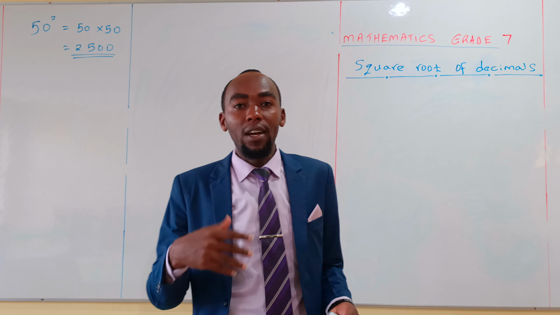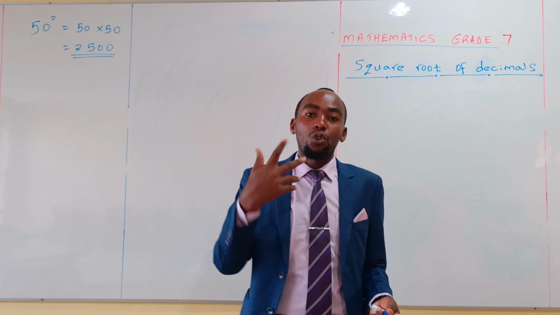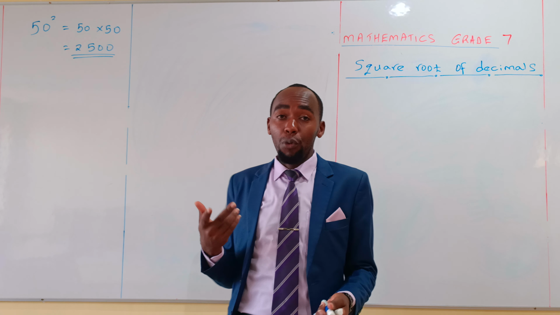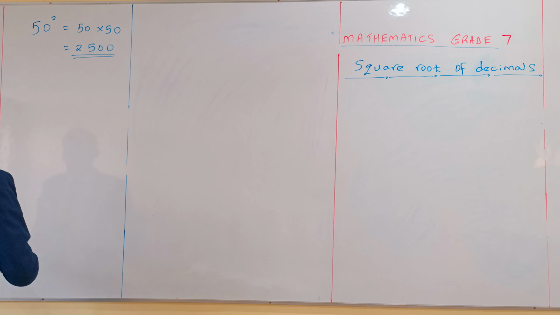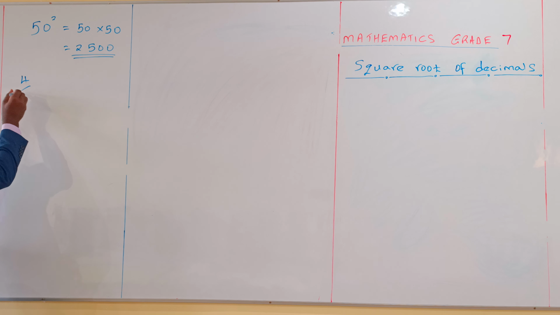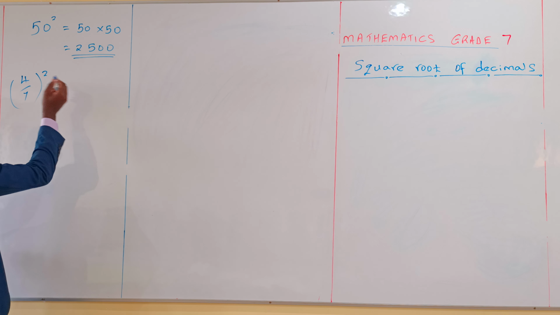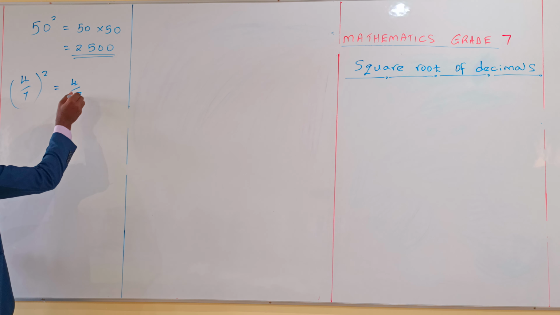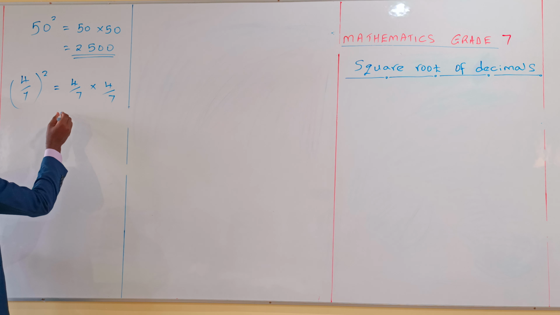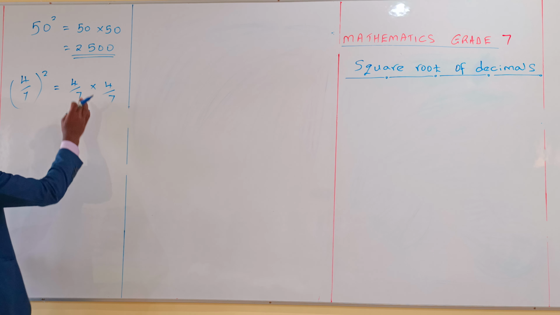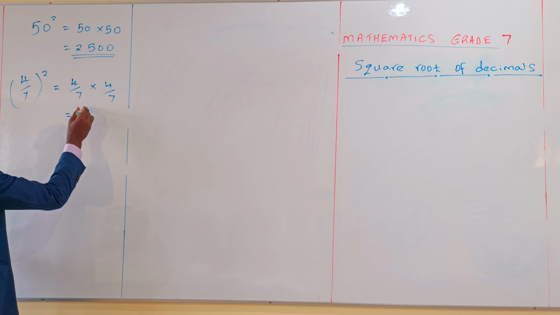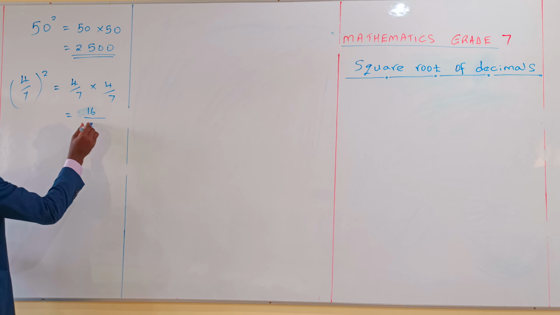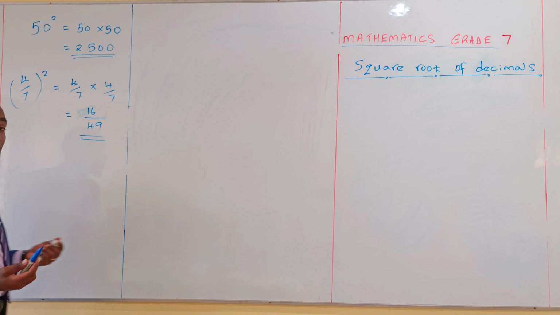We also looked at square of fractions and square of decimals, and the same will apply. If you have a fraction like 4/7 and they are asking you to find the square, you take the fraction 4/7 and multiply by itself: 4 times 4 is 16, 7 times 7 is 49, so you get 16/49.